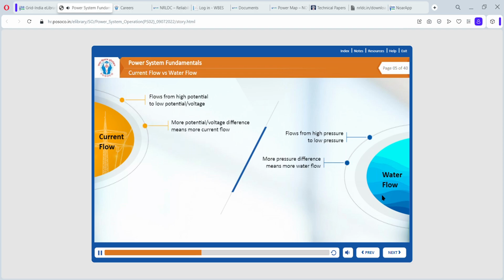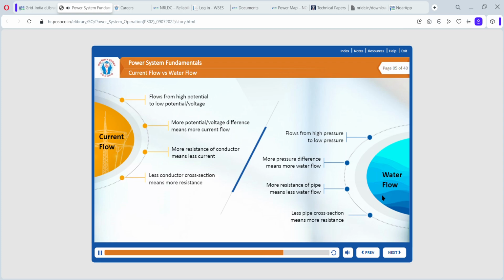While flowing through a water channel or pipe, water encounters resistance similar to conductor resistance in the case of electricity. The flow is inversely proportional to the resistance of the path, that is, the more the resistance, the less the flow. Resistance is inversely proportional to cross-section of water channel and conductor. More the cross-section, less the resistance.